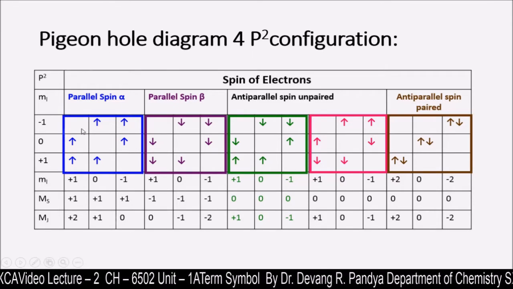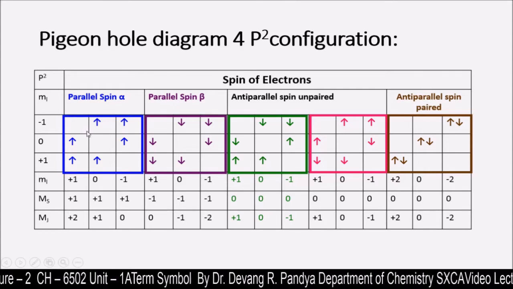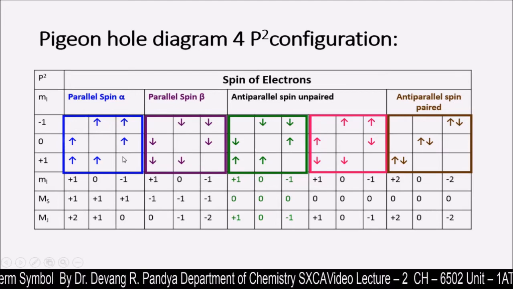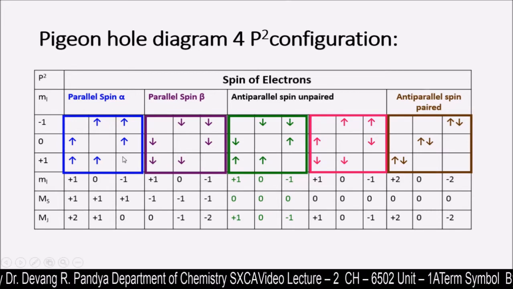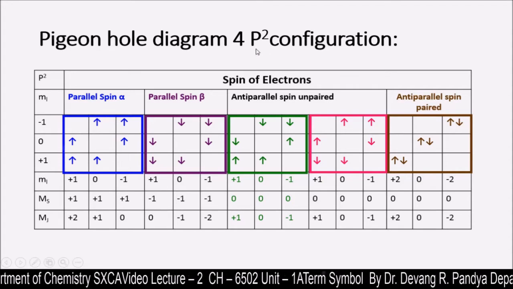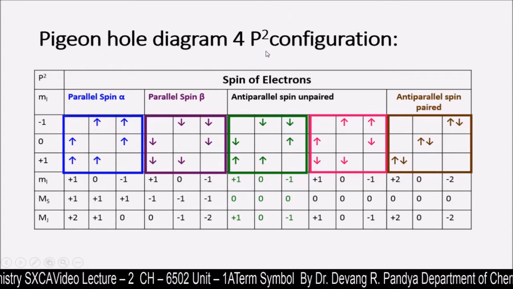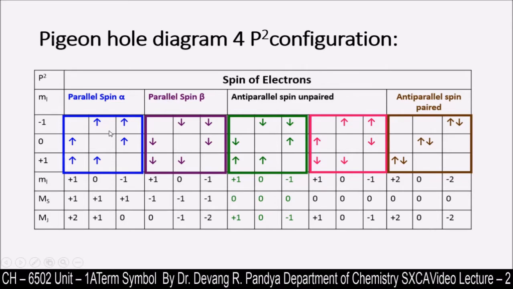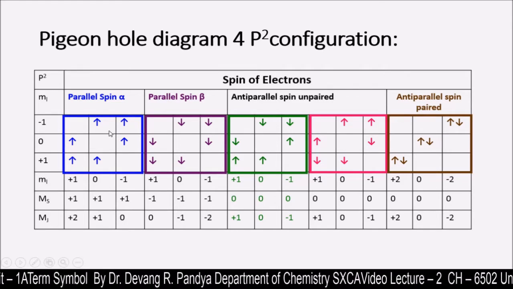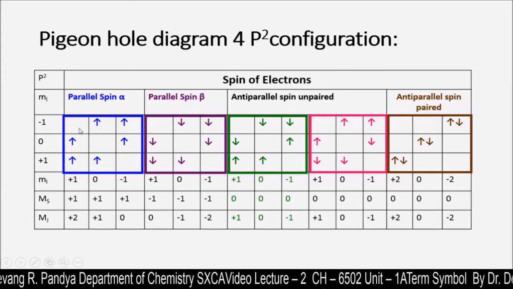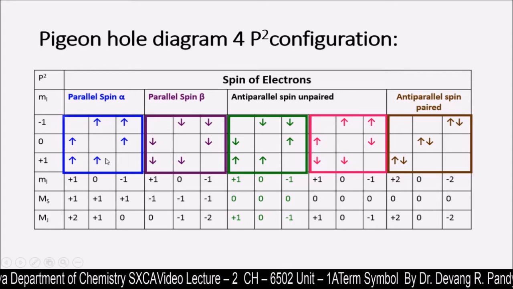Here, like a pigeon is kept into different positions, we are keeping electrons into different probable arrangements. When you studied microstates, you learned in the part 1 presentation how to calculate the microstates or probable arrangements for the p2 configuration. You might have studied there are 15 different probable arrangements for the p2 configuration. So the first column will be the first probable arrangement, the second is the second probable arrangement.